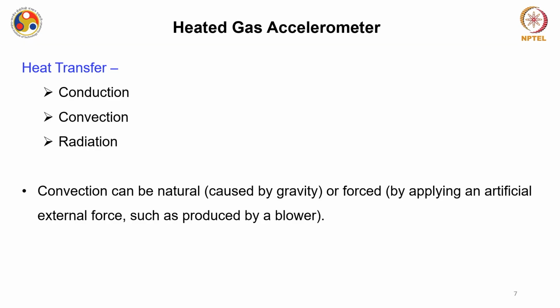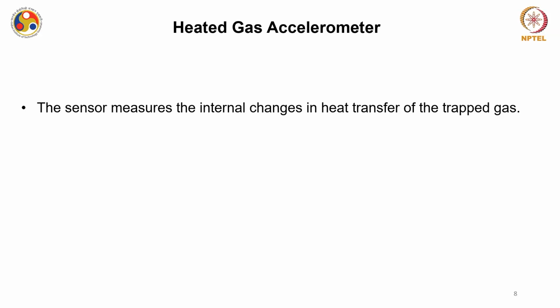Or this convection is achieved by some artificial external force, for example by using a blower. By this forced convection, you can produce a certain kind of acceleration, and this is the backbone of this heated gas accelerometer. The forced convection is the fundamental reason behind this HGA. We will see how forced convection leads to this kind of accelerometer.